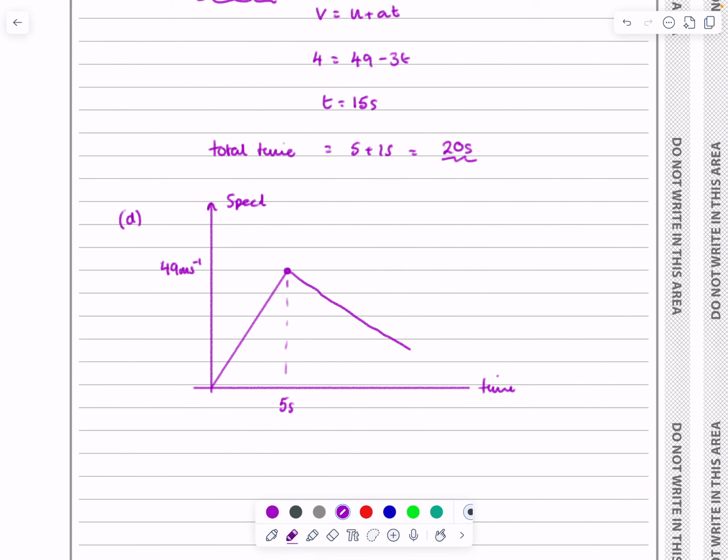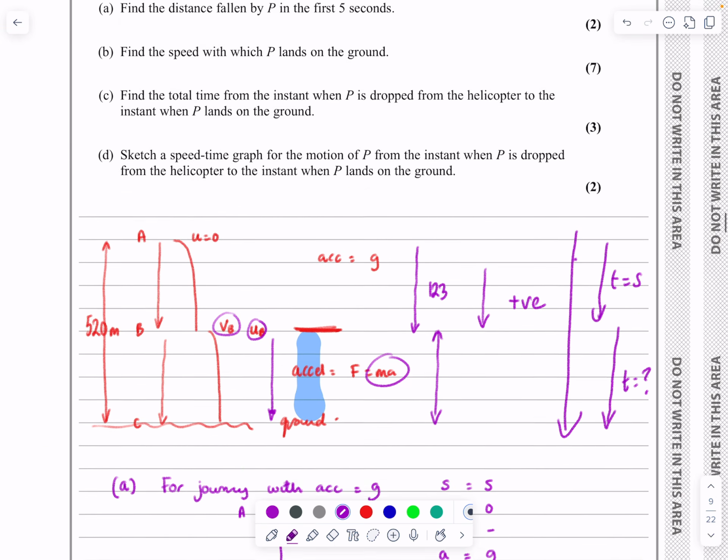Then we know it decelerates, and when it decelerates it can't be as steep as when it accelerates. We know that goes to a speed of 4 meters per second there, and we know the total time is 20 seconds. That's more than enough information then to be able to answer that question. Okay, long question there, but hopefully that all makes sense to you all.